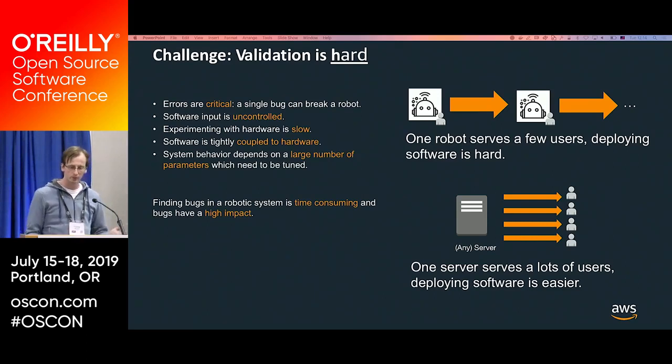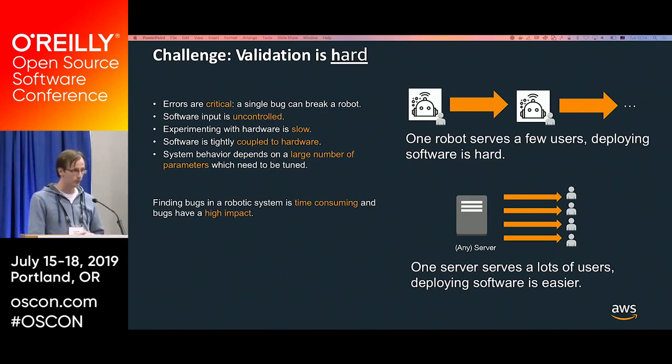Well, it's a hard problem for many reasons. For instance, if we were to compare to a cloud API, first, software input validation is very challenging. If your input is an image, you're receiving unstructured data from your environment. So it's very hard to make sure that this image will not break your system.